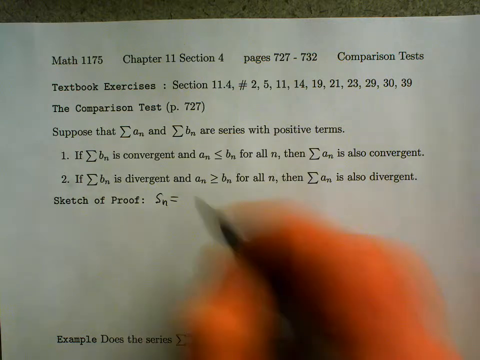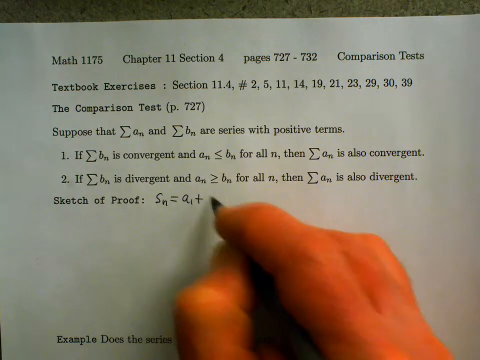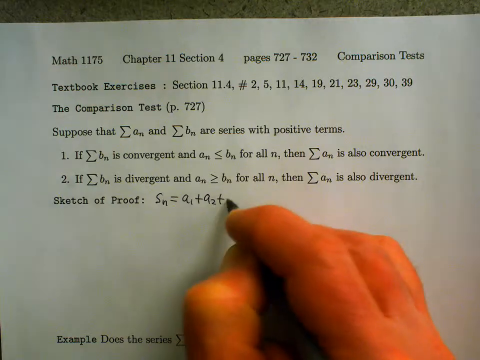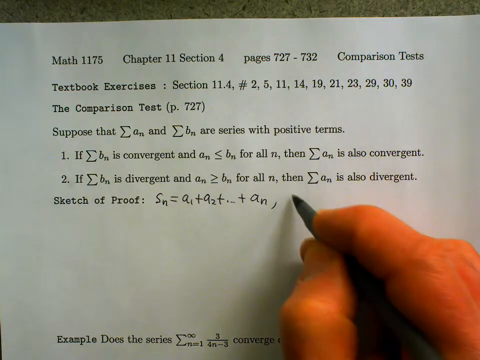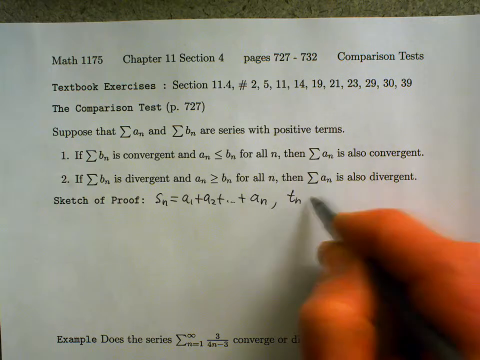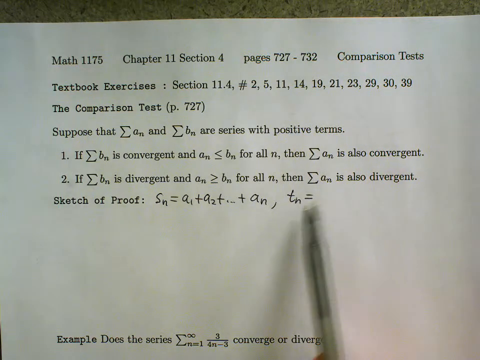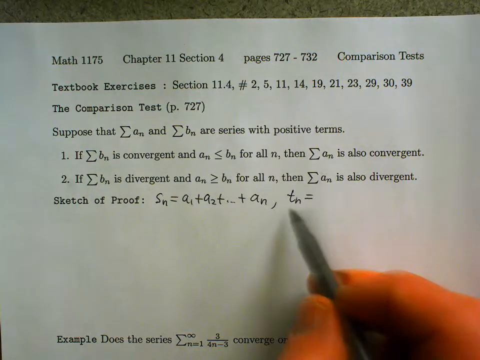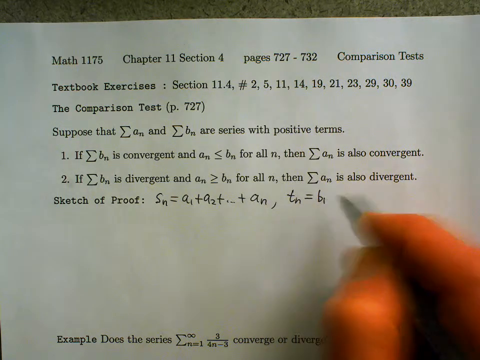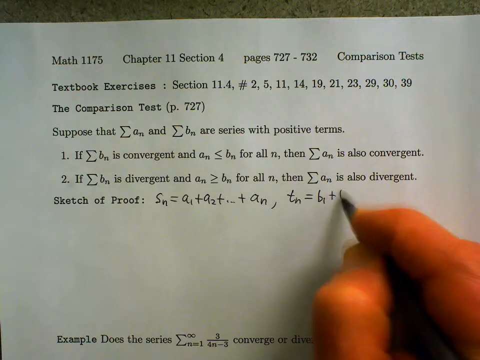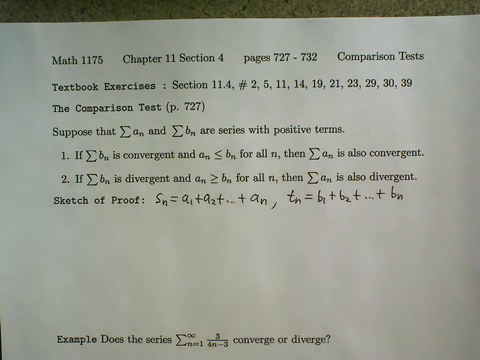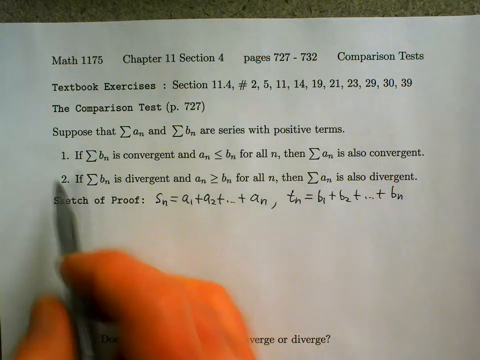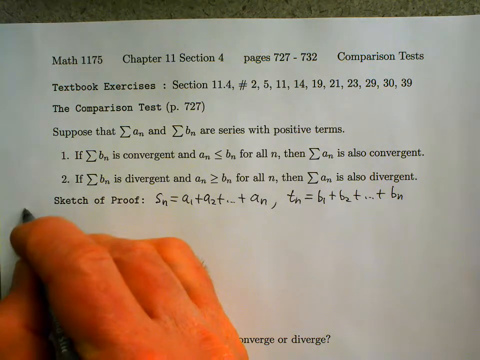So S sub n is the sum of a sub 1 plus a sub 2 and so on up through a sub n, and we'll assign T sub n to be the sequence of partial sums for the b sub n series. So T sub n is the sum of the first n terms, b sub 1 plus b sub 2, and so on up through plus b sub n. So we're doing a sketch of proof for the first part.